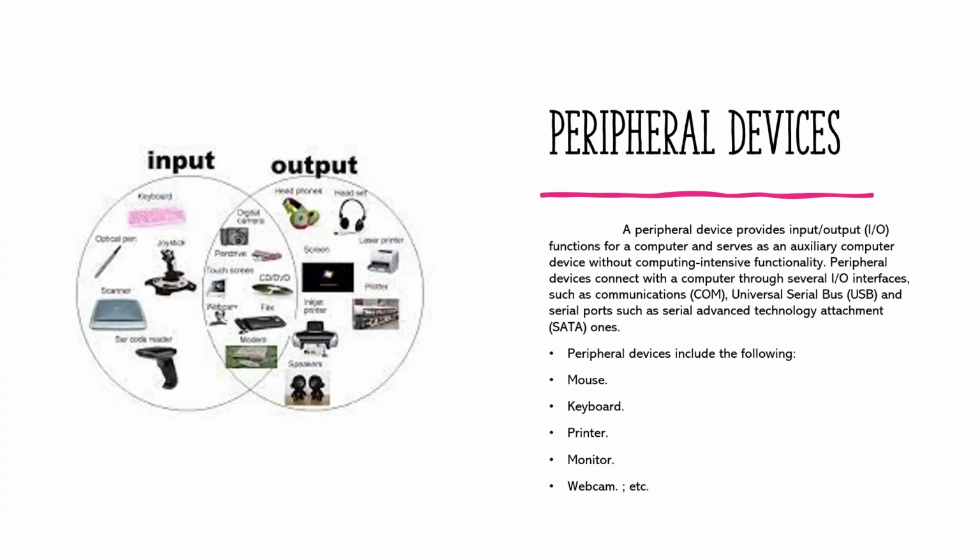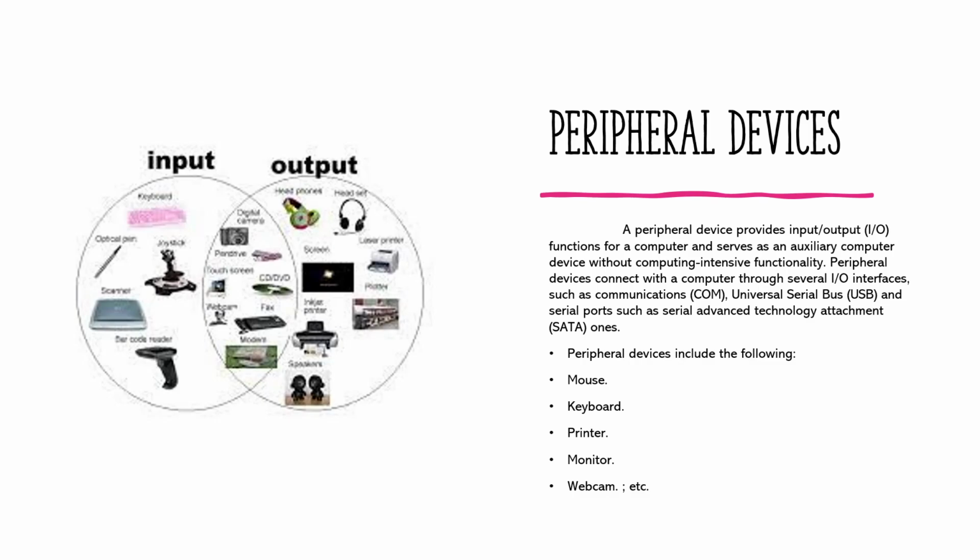And you have after this the peripheral devices. So we discussed a bit about the memory, how there are many memory devices that can store information, some of which are more important than others, some of which are faster than others, and so on. In terms of peripheral devices, a peripheral device provides an input-output function for a computer and serves as an auxiliary computer device without computing-intensive functionality.